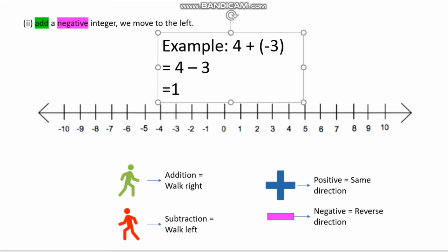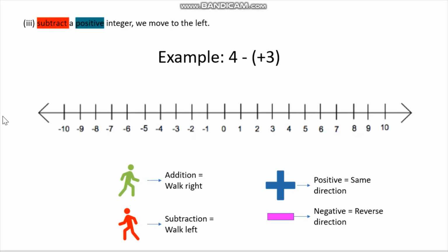Let us take the next scenario. This is the case where you have to subtract a positive integer. Again, let us take this in two parts. First, we see that it's a subtraction, so that means we have to walk to the left. Let us find our 4. The 4 is right here and we have to start walking to the left. Next, we see the sign of the integer.